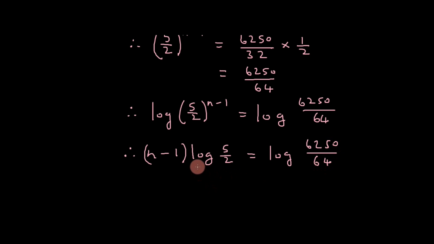And we can write the log of 5 over 2. We can divide by this on the right-hand side. So n minus 1 is the right-hand side divided by the log of 5 over 2.